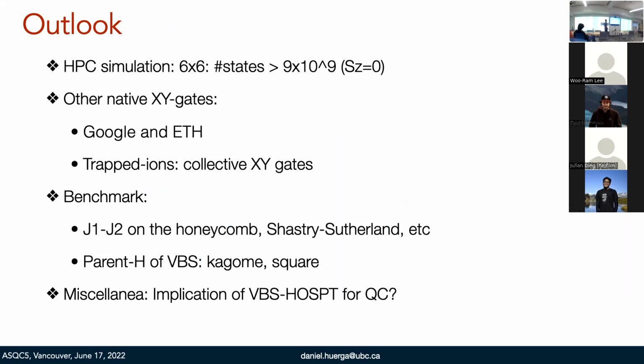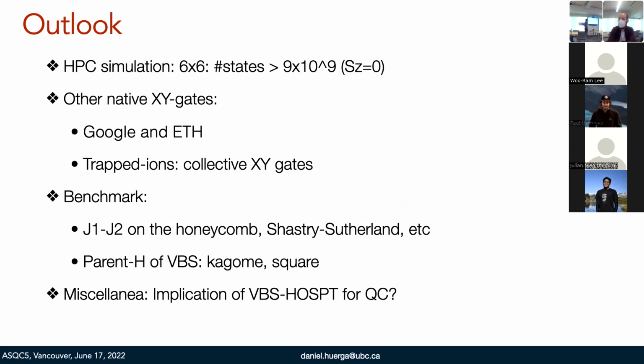So just to give a few items of outlook, it would be nice to have 6x6 benchmark simulations, but this requires an efficient simulation strategy like parallelization or the tensor network representations described previously in the workshop.